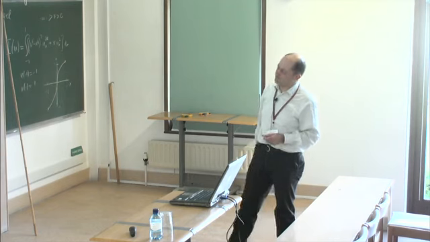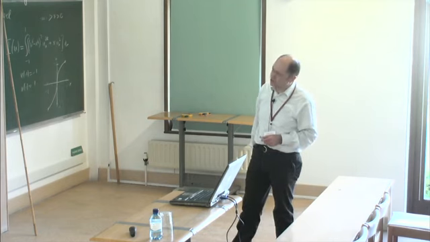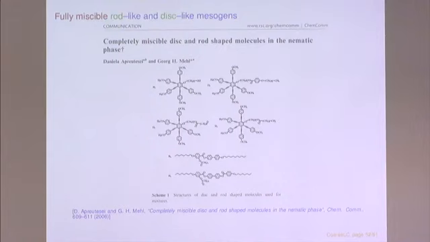And then there was a theoretical and experimental result by Georg Mehl, who was able to synthesize an entire family of molecules which have a discotic and an elongated shape that were completely miscible in the entire nematic phase. So it can be done.